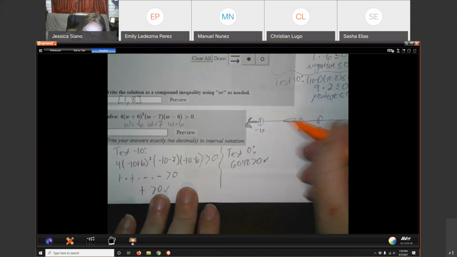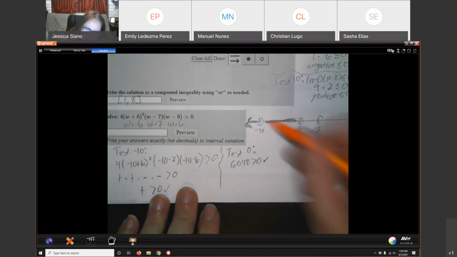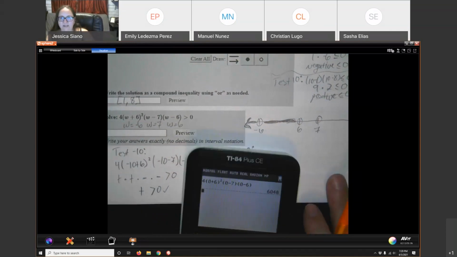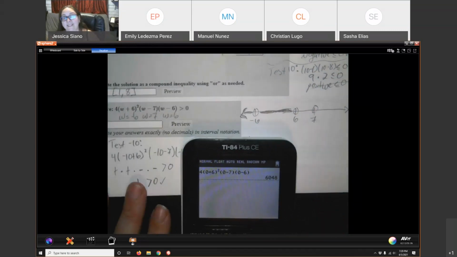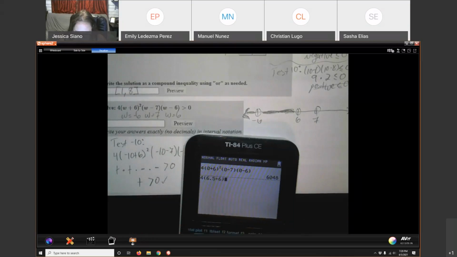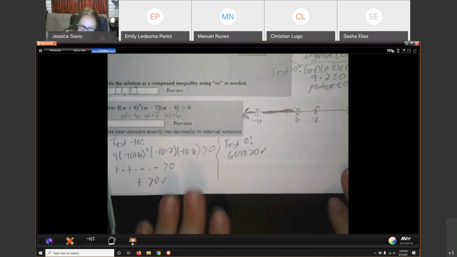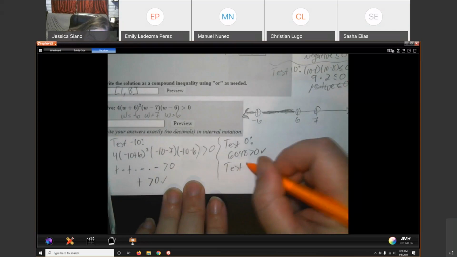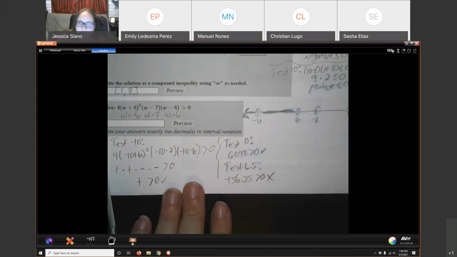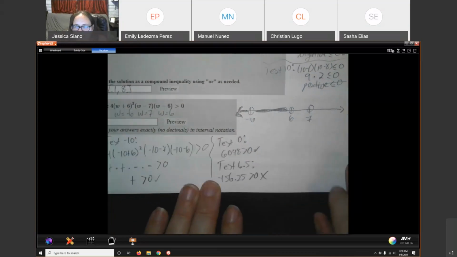So I'm going to shade in this section as well. Okay, now I need a number in between 6 and 7, excuse me. So I'll do 6.5. So I'm not going to shade in that section of the graph.